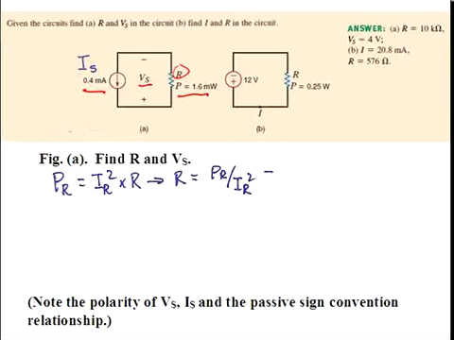In our case, this is equal to 1.6 milliwatts divided by 0.4 milliamps squared, or R is equal to 10K.